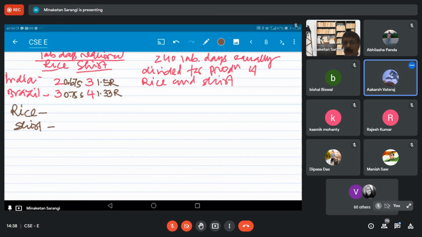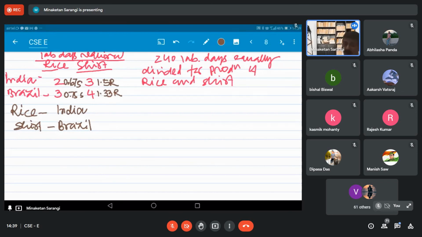India, because India produces rice at a lower opportunity cost per unit, since 0.67 is less than 0.75. So for rice, India enjoys comparative advantage. For sat, 1.33 is less than 1.5, Brazil. So Brazil enjoys comparative advantage over the production of sat.